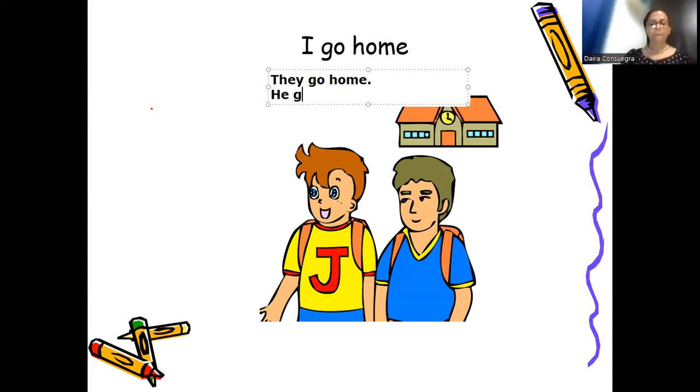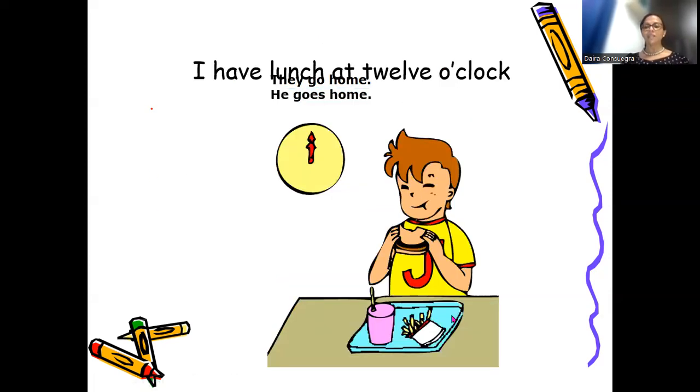He goes home. And in here, we see the difference. Third person needs ES. Why? According to the rules that I already explained, okay? These rules were already explained. And if you go and check them out, you will understand that, okay?